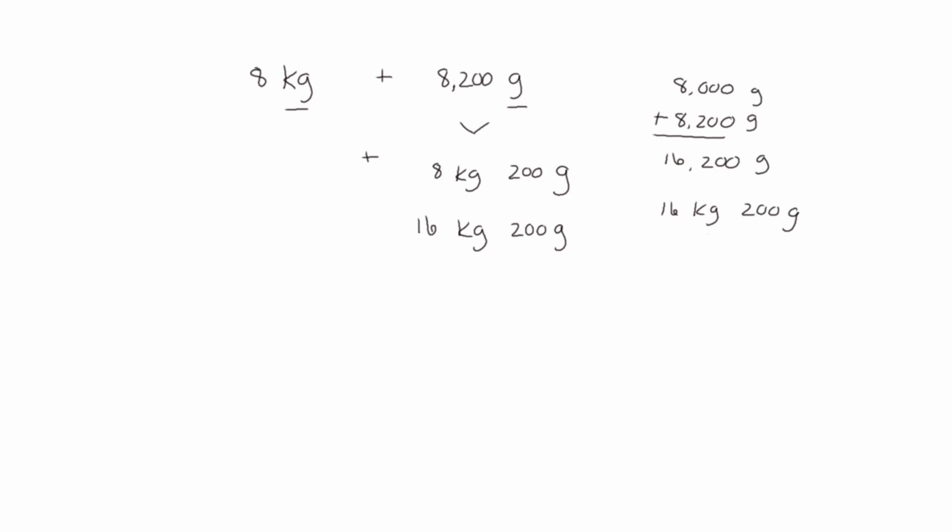Either one of those strategies would work. Let's try another one. Let's say we have 25 kilograms, 537 grams, and we're going to add that to 5 kilograms, 723 grams.